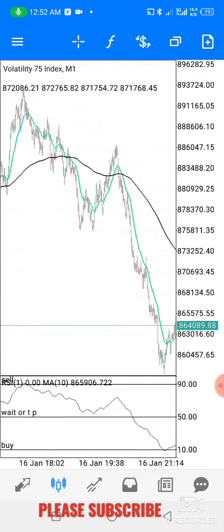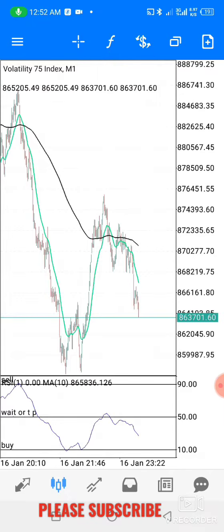Okay. When you have done this, now look at what you are going to be doing. We are using the double bottom strategy.